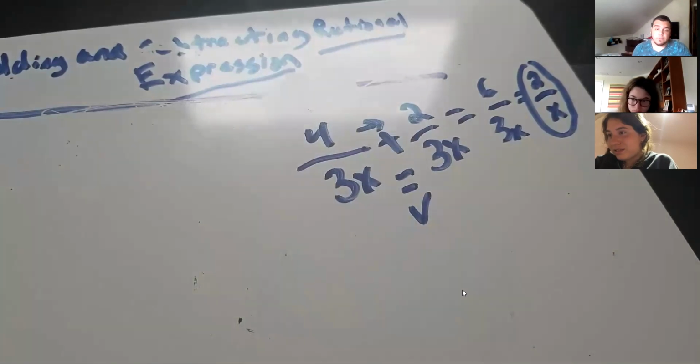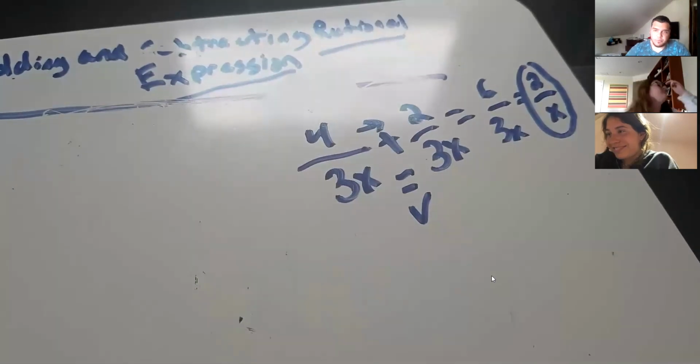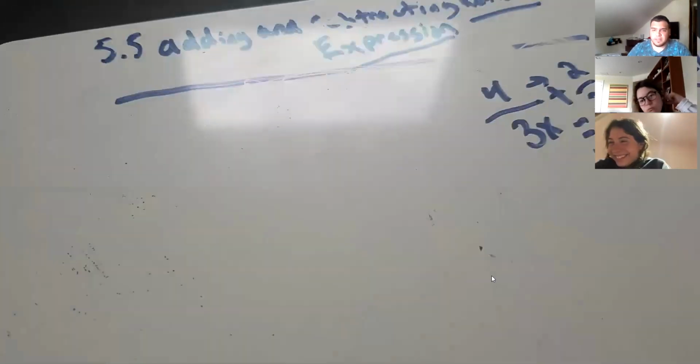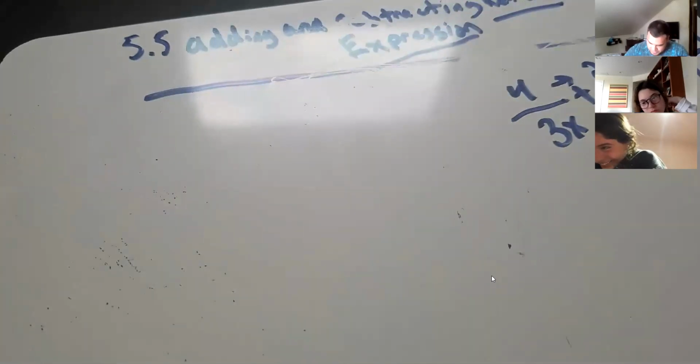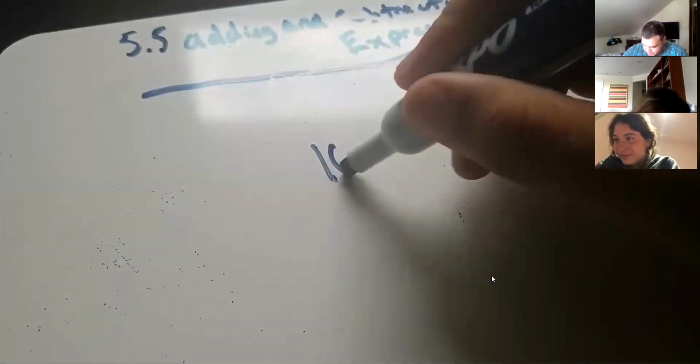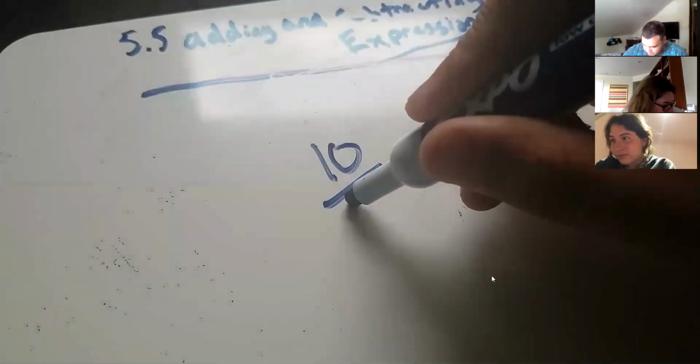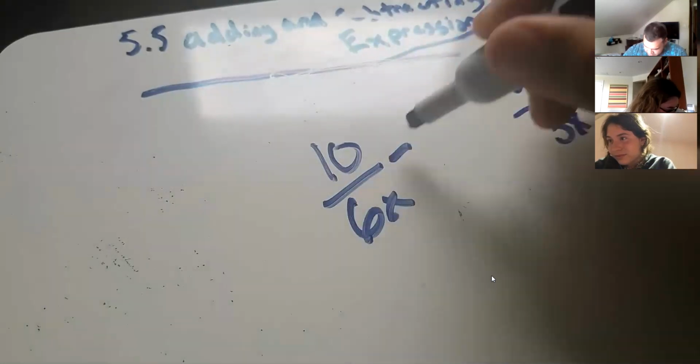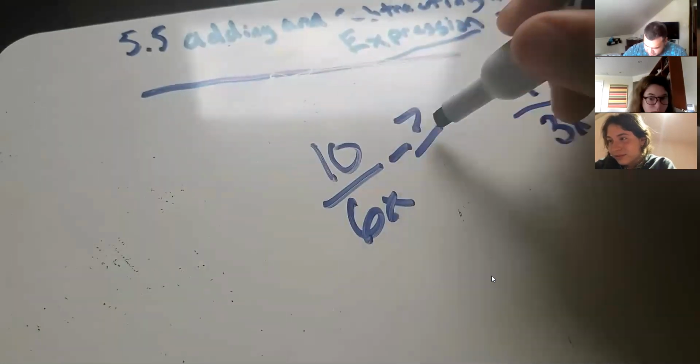Okay. So all we did is add. We'll do a practice real quick of subtracting, and then we'll get to the tricky part, which is, what happens when it doesn't match? Let's do a quick subtraction: 10 over 6x minus 7 over 6x.